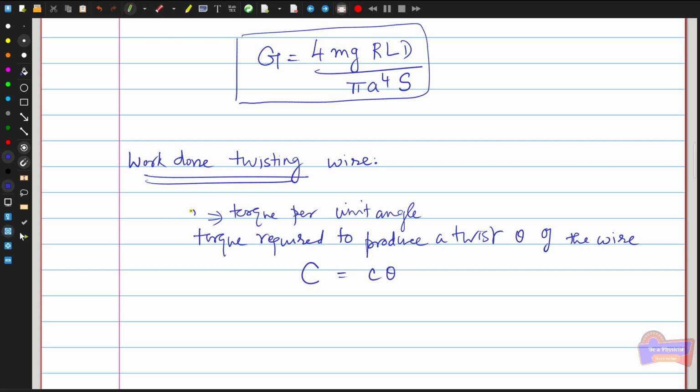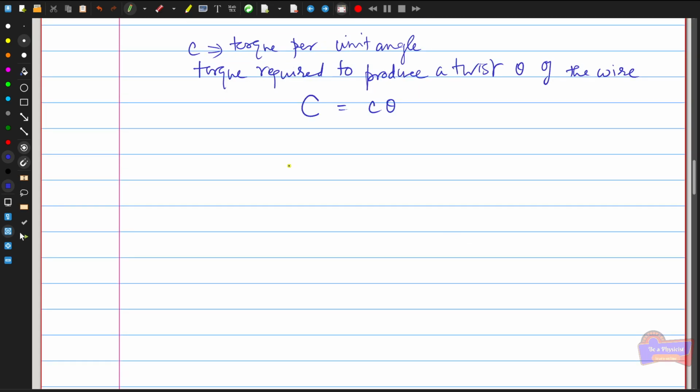So this is taken as a small c. This small c multiplied by the theta is the torque required to produce the twist. Okay.